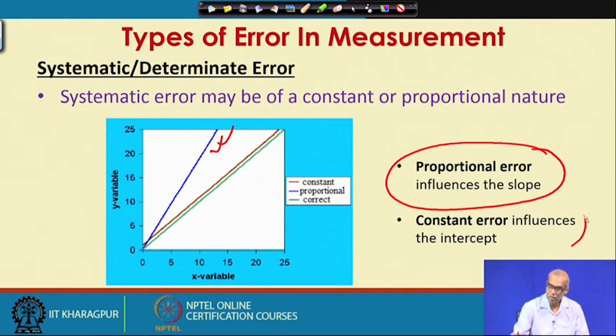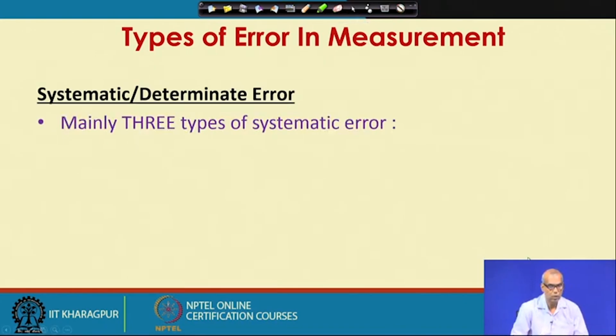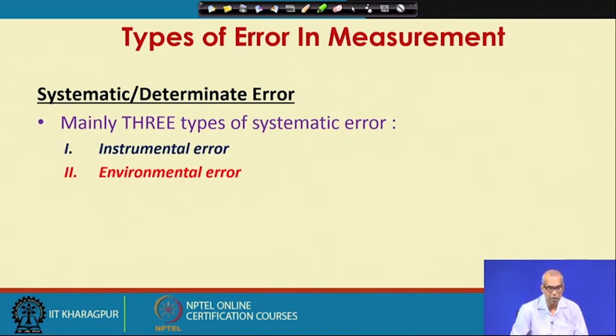Constant error influences the intercept. Systematic or determinate errors are mainly 3 types: instrumental error, environmental error, and observational error.